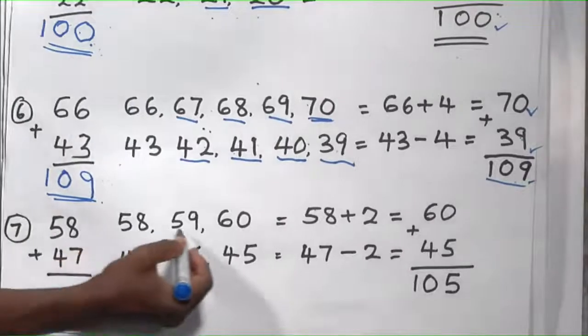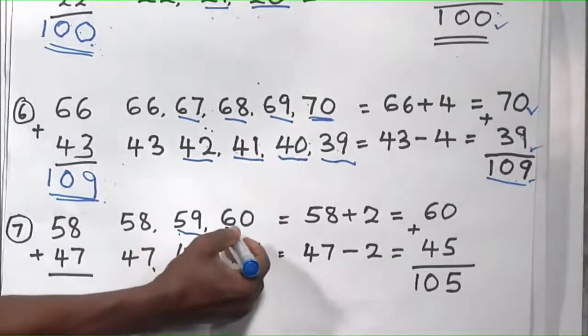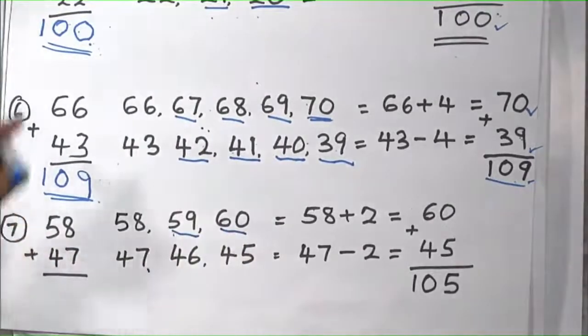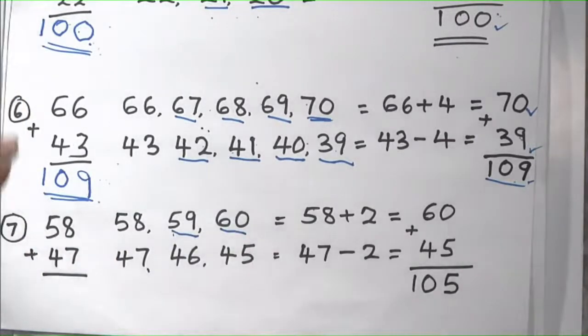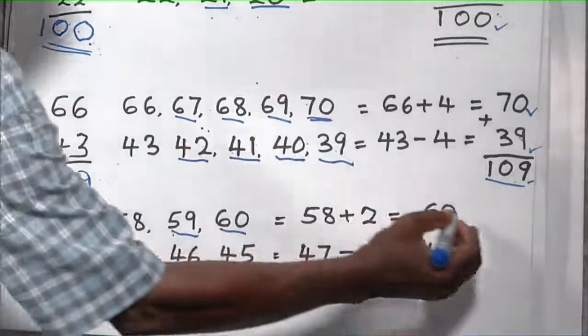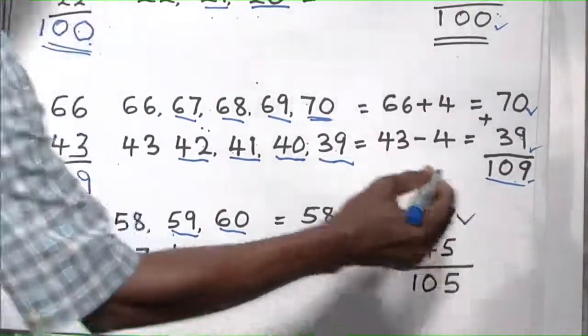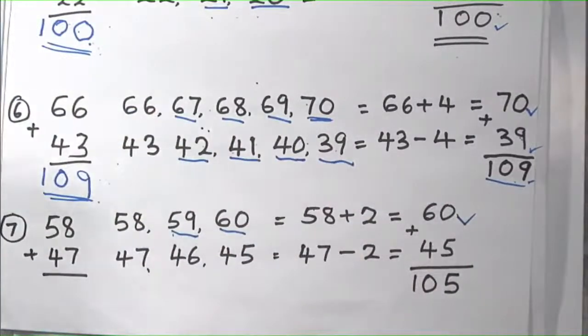So our 58 will be 58 plus 2, and that will give us 60. Then 47.